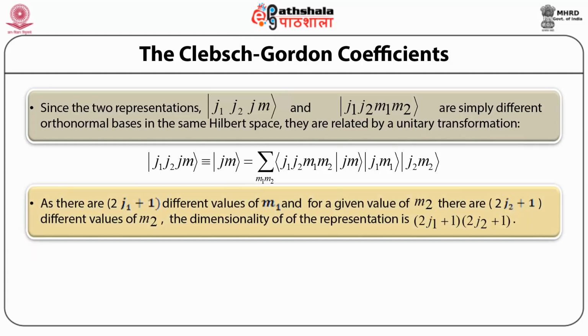There are twice J1 plus 1 different values of M1, and for a given value of M1 there are 2 J2 plus 1 different values of M2. The dimensionality of the representation is given by 2J1 plus 1 into 2J2 plus 1.